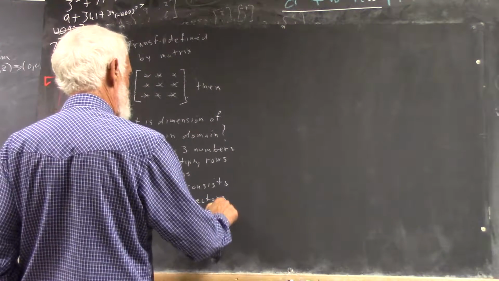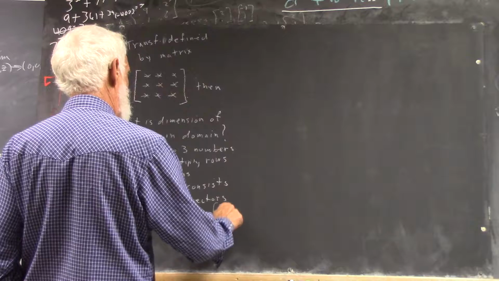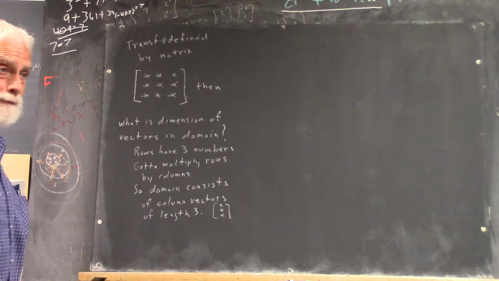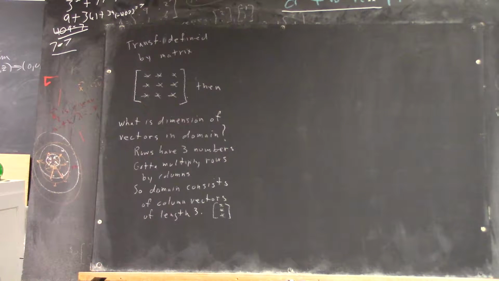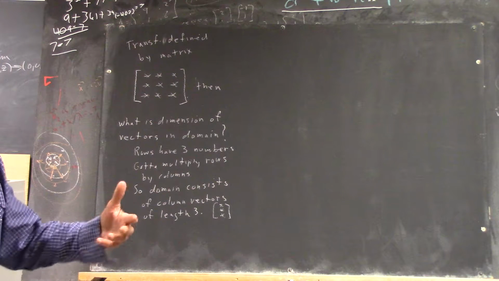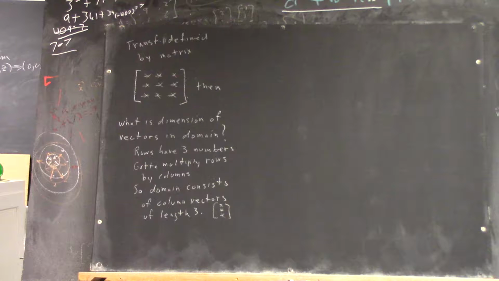Then I'll just depict that by, got to look like this. And in what space would you depict these column vectors? What space would you draw arrows? Three-dimensional space. Yeah, three-dimensional space. Okay?